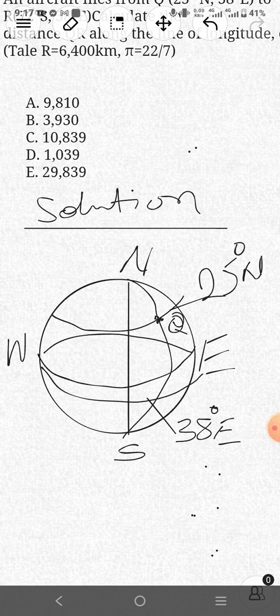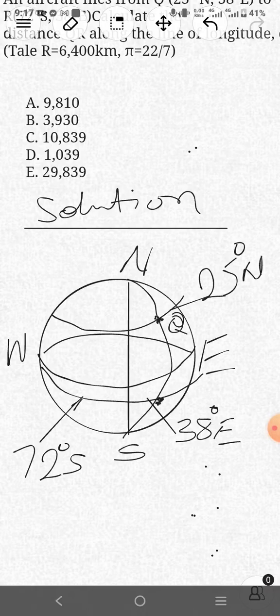What now happens? You will see that this line of 72 degrees south intersects with this line of longitude east.